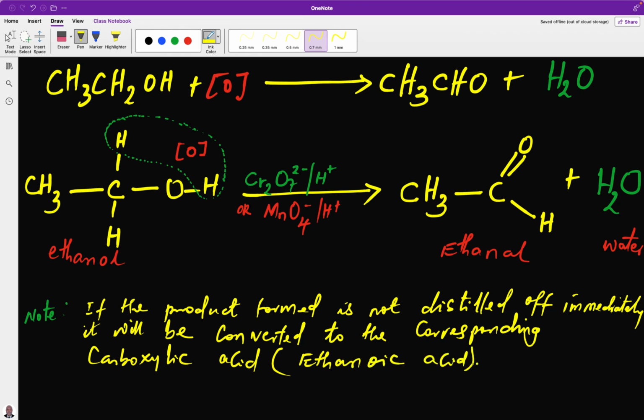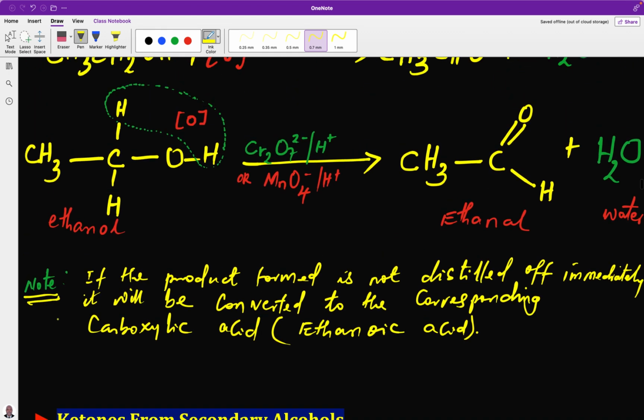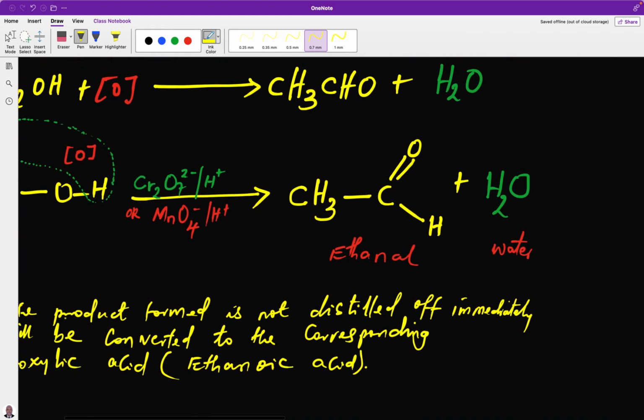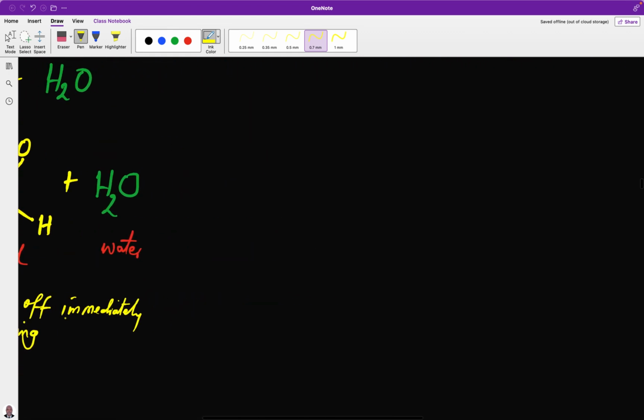I'm saying that, note, if the product formed, that is the ethanal, is not distilled off immediately, it will be further converted to the corresponding carboxylic acid, which is ethanoic acid, and this is how it can be done.